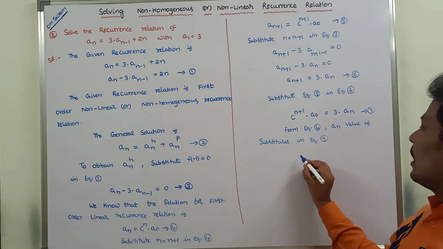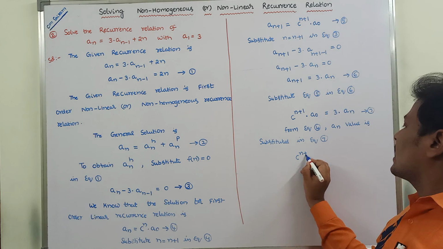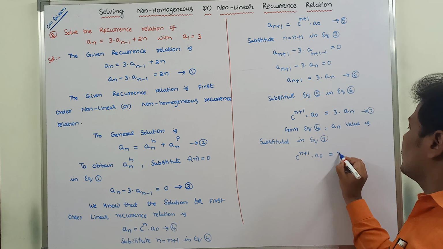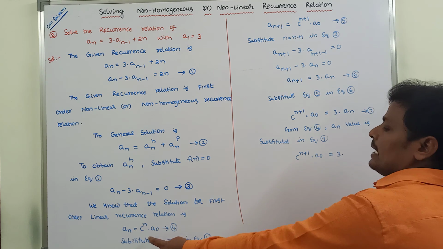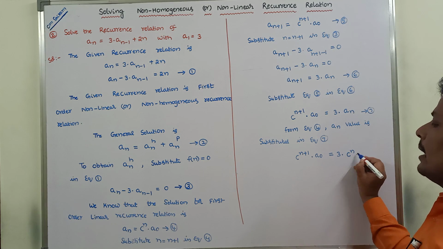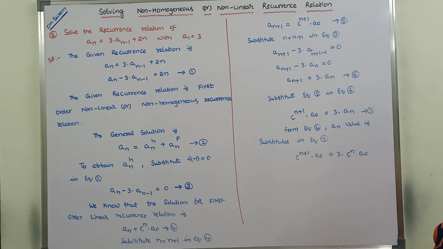Okay, now c power n plus 1 into a naught is equal to 3 into, what is a suffix n value from equation 4? C power n into a naught. Okay.